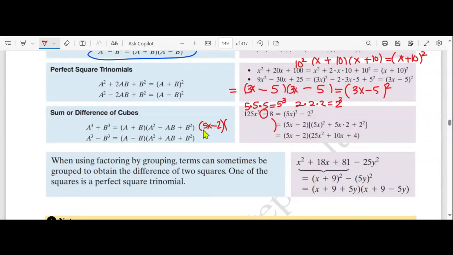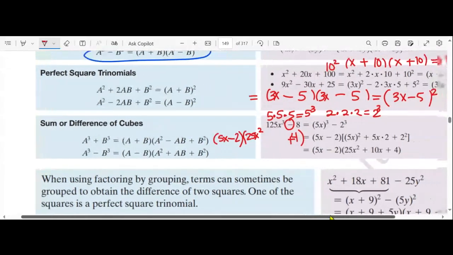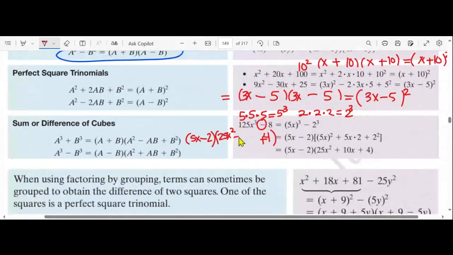And now we're going to do what? Square the first. If you square the first, what do you get? 25x squared. Can you square the last? What do you get? Minus 2 times minus 2 gives you plus 4. And what about the middle? We said we change the sign, right? Change the sign. Multiply the first times the second. 2 times 5, how much? 10. 10x.